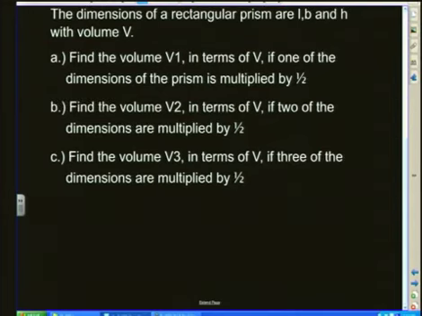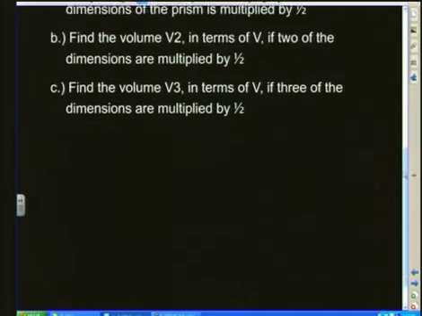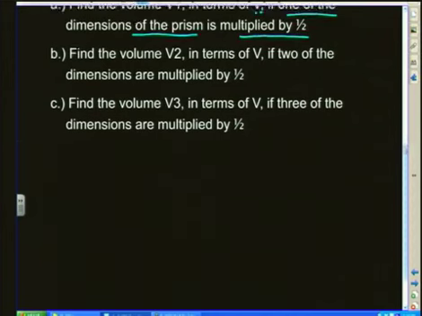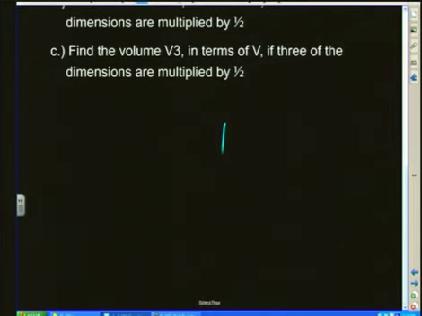They say that the dimensions of a rectangular prism are length, breadth, and height, and the volume is V. Then part A says, find the volume V1 in terms of V if one of the dimensions of the prism is multiplied by a half. So firstly, let's draw what we've got. We've got a rectangular prism, as they said.